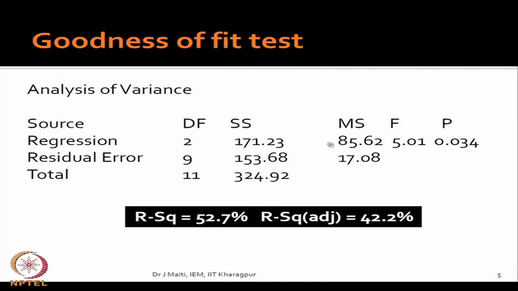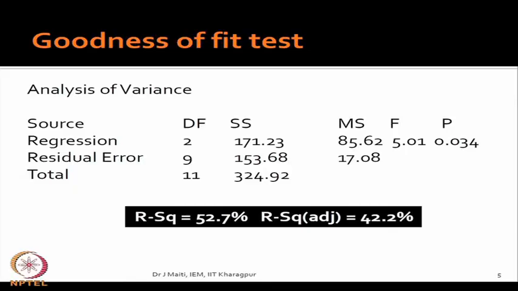So, we can create MS. What is MS? MSR is SSR by degrees of freedom, and MSE will be SSE by degrees of freedom, and the quantity MSR by MSE will follow an F distribution with the respective numerator and denominator degrees of freedom. It is similar to the ANOVA case.